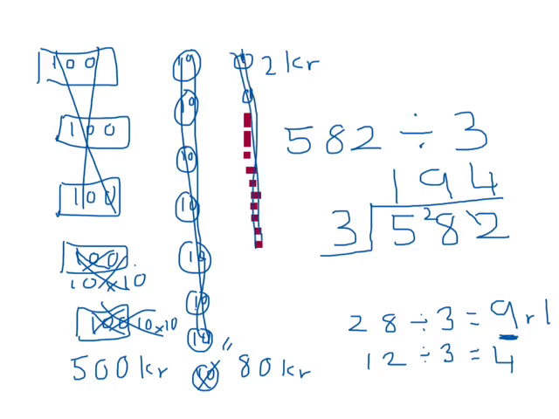Now we've used all our money up. So what is 582 divided by 3? 582 divided by 3 is 194. So each child would get 194 kroner. Let me show you this now by explaining it quicker.